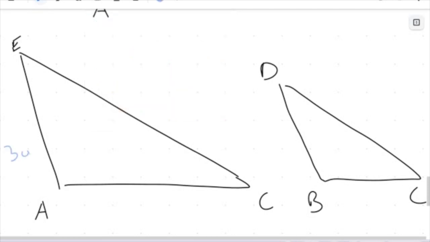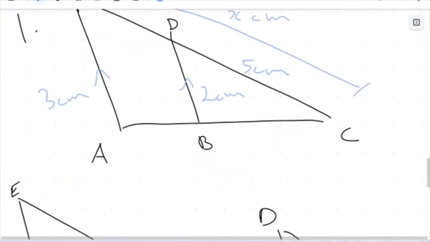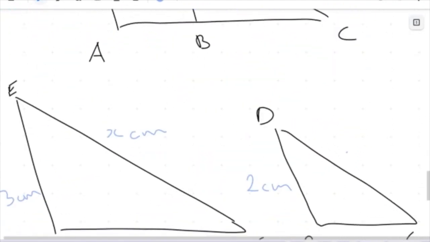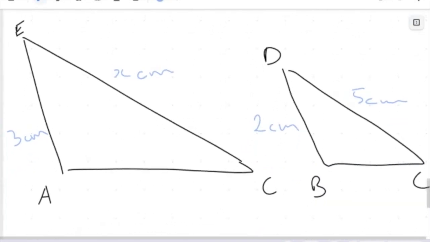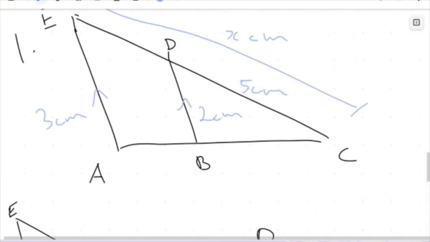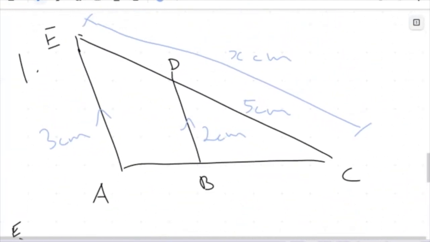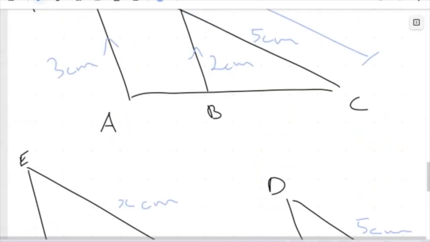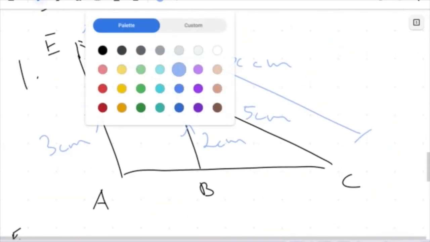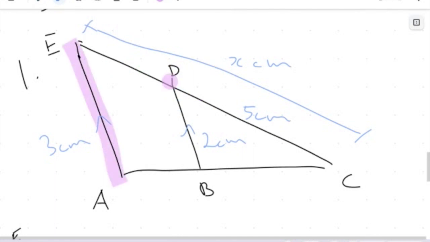I have 3 centimeters, 2 centimeters, X centimeters, and 5 centimeters. Well, okay. So in these two triangles, I have a pair of parallel lines. Now I'm going to be working from both this image and this one here, because it's going to help me a little bit later. Now these two lines are parallel.